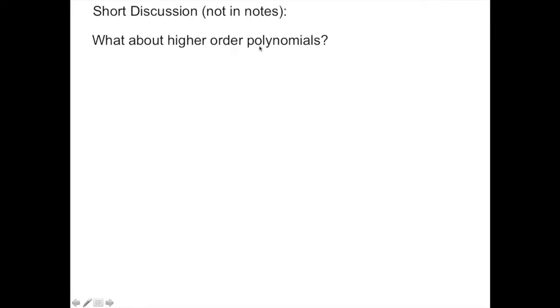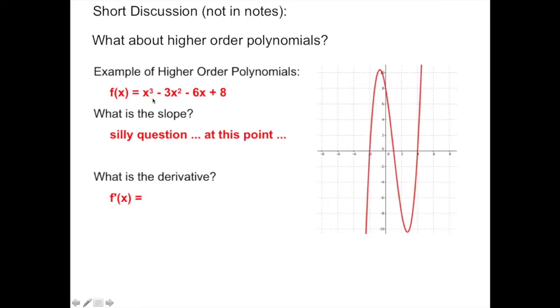But when we start talking about higher order polynomials, like x squareds or x cubes, and start talking about what the slope is, we can see that since this function has some hills and valleys, it increases in spots and decreases in other spots, so the slope or the steepness of this function changes depending upon where you are.